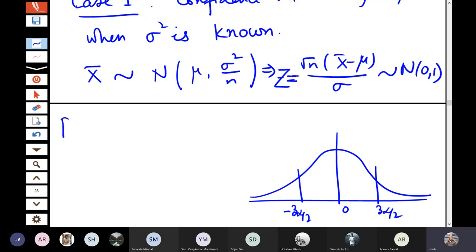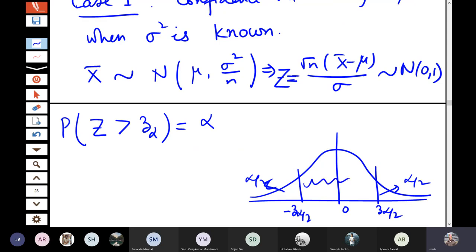See, in normal distribution, what did we have? The definition of z alpha point is such that the probability beyond that is alpha. So if I consider this as alpha by 2, this as alpha by 2, then the probability between these is 1 minus alpha. Okay.